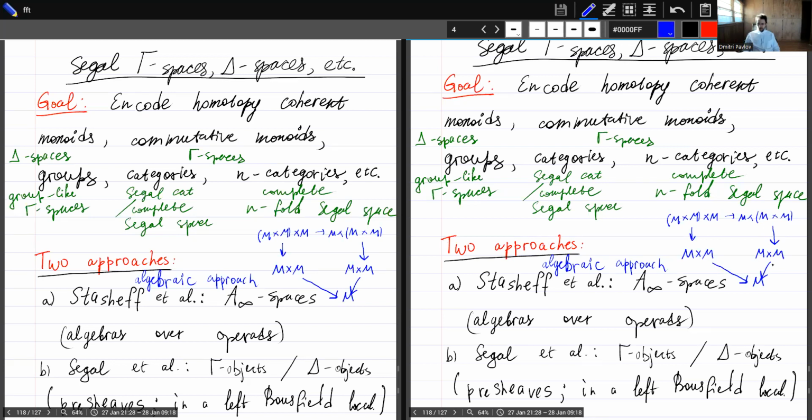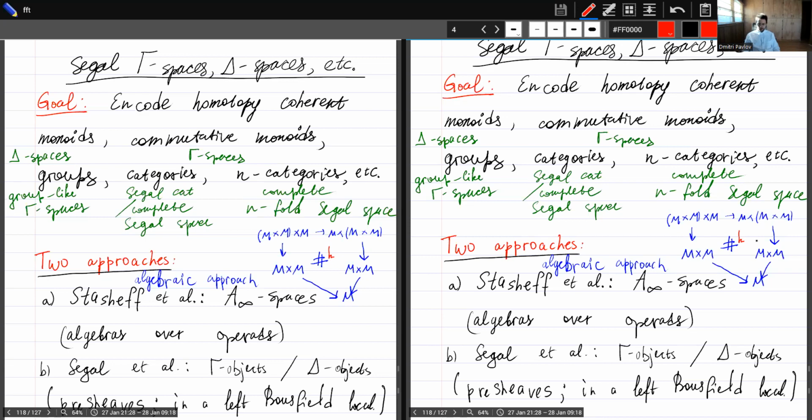But if you are encoding some kind of a homotopy coherent structure, then you can say this diagram commutes not strictly, but up to some homotopy, which I denote by this letter H here. And the homotopy will be encoded as part of your data.